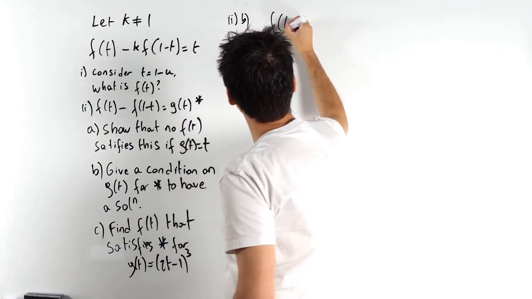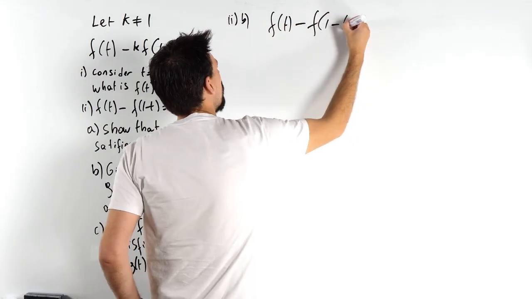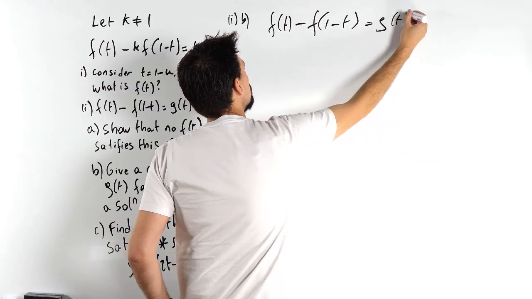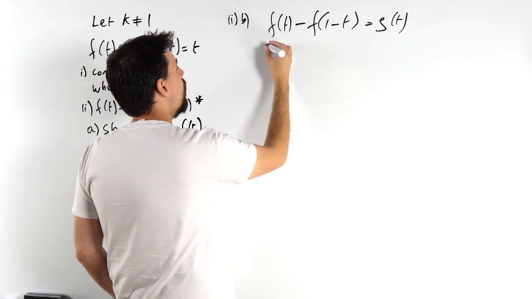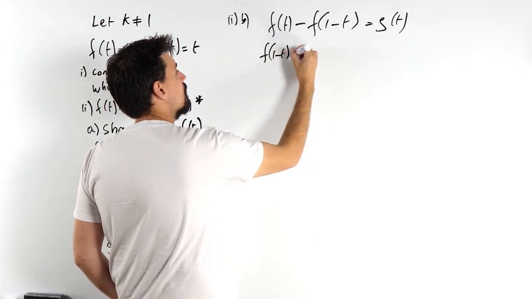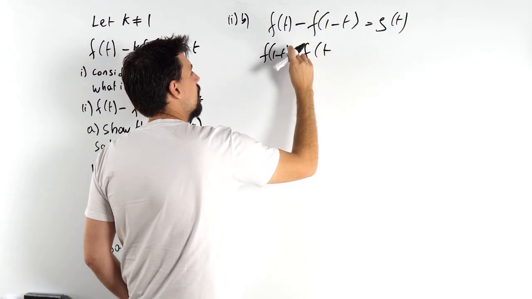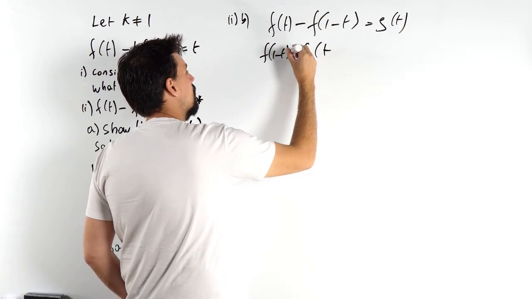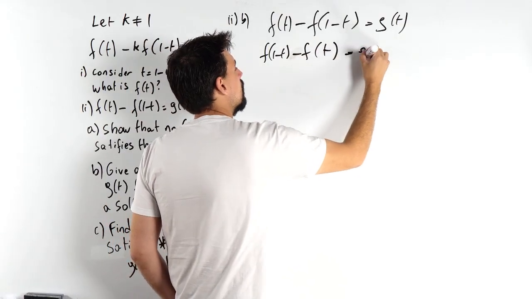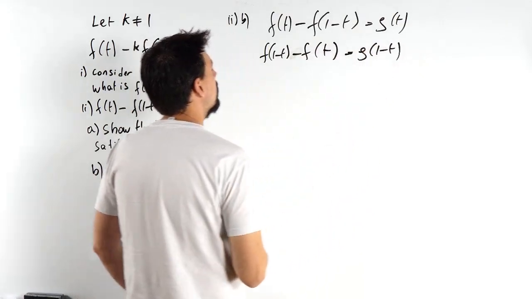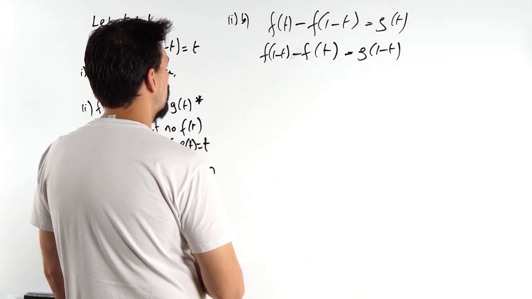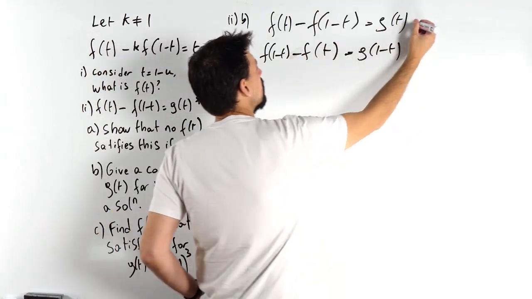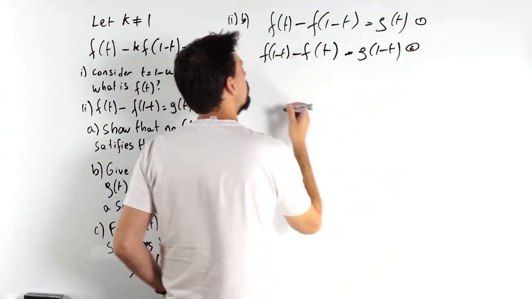We are saying f of t minus f of 1 minus t is g of t. We can do our same trick: replace t with 1 minus t, essentially. Equation 1, equation 2.